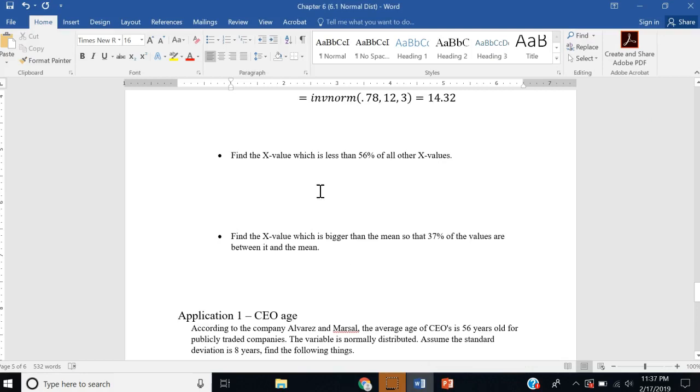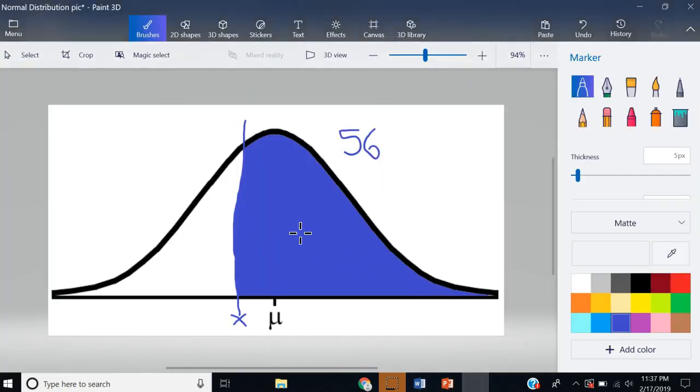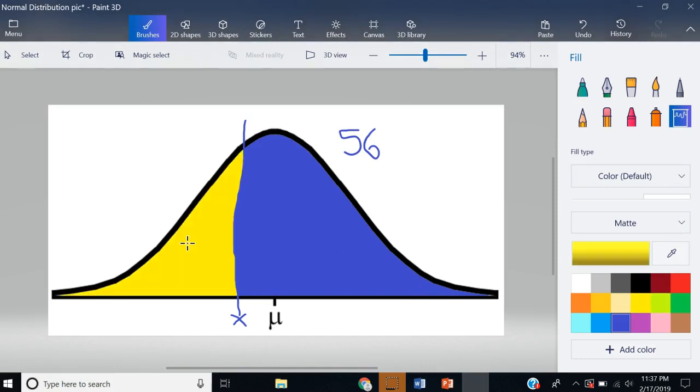So we're using inverse norm. If 56% of all the other x values are bigger than this one, recall that the area that I need to put in is, well, what I have in yellow here.